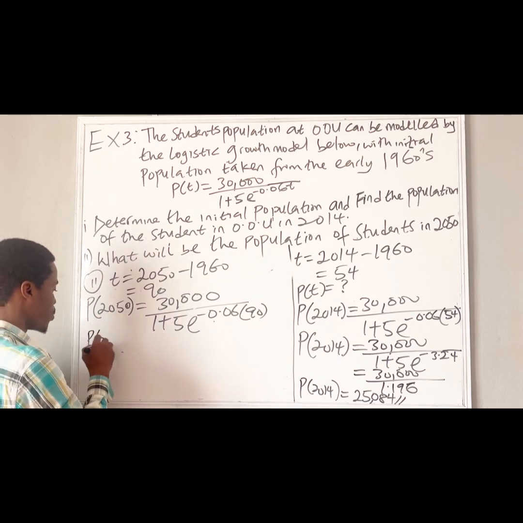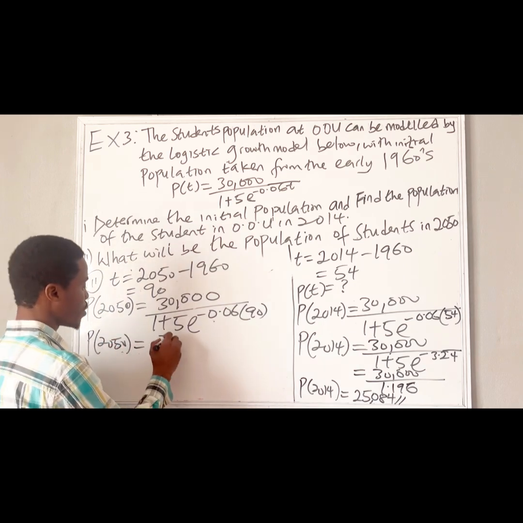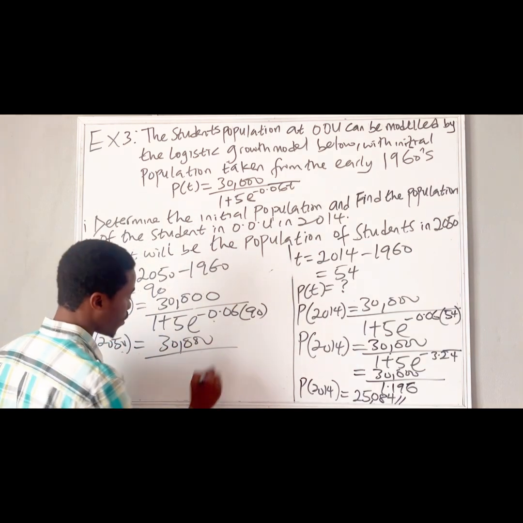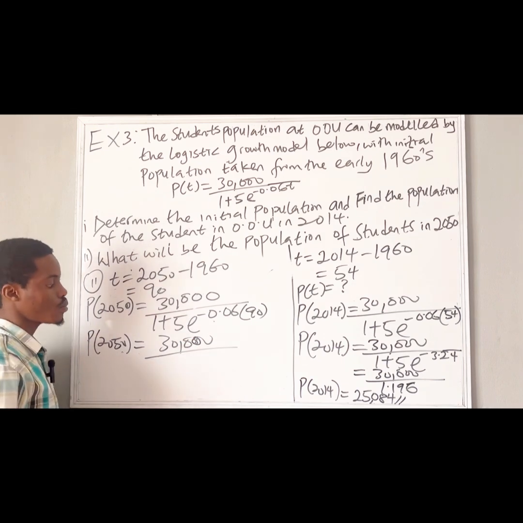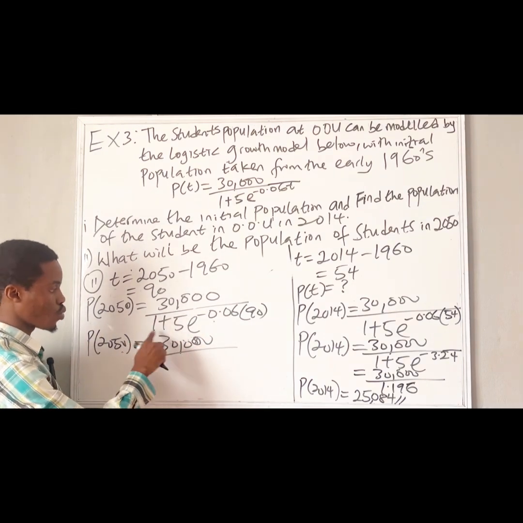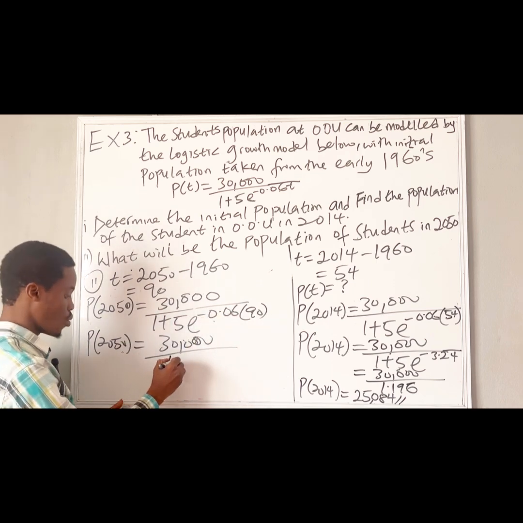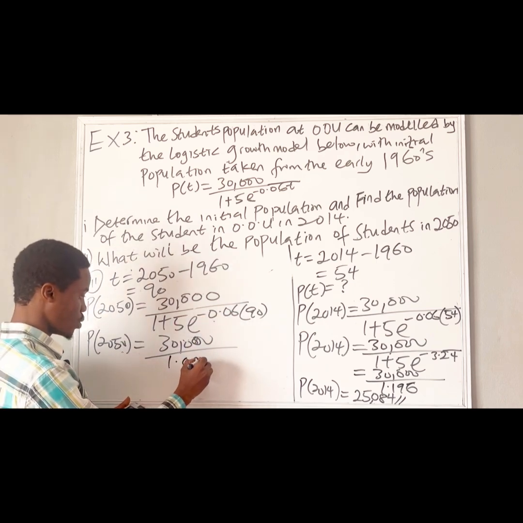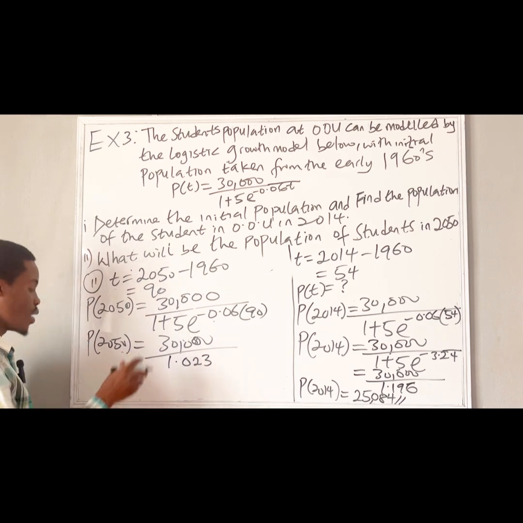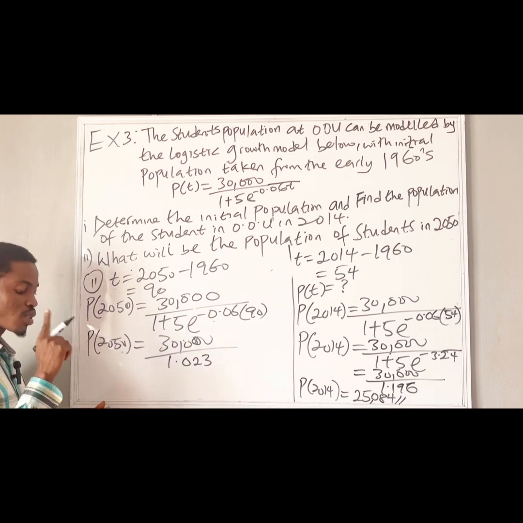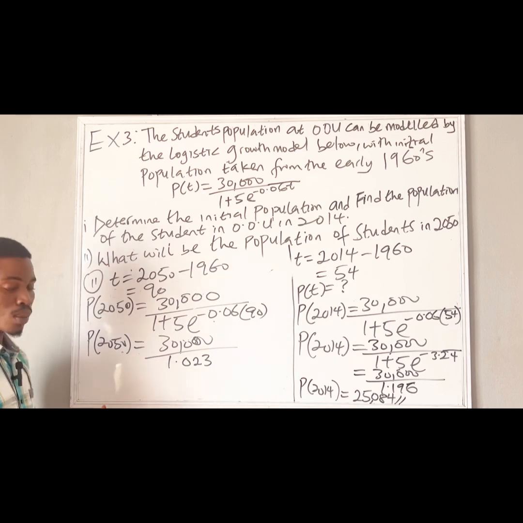So our population in 2050 is 30,000 over 1 plus what? We have calculated this, we got 1.023. If we divide 30,000 by 1.023, we get 29,325.5132, approximately 29,326.